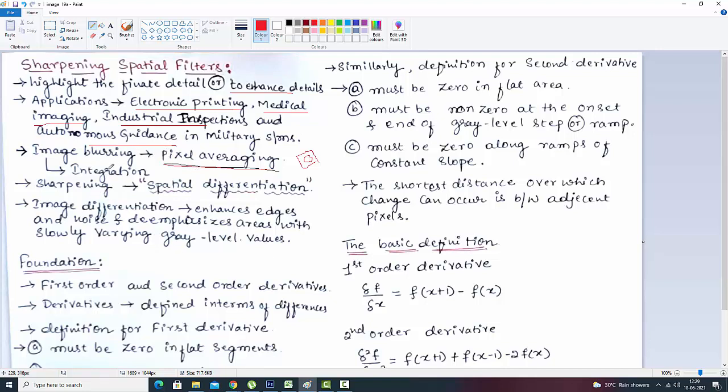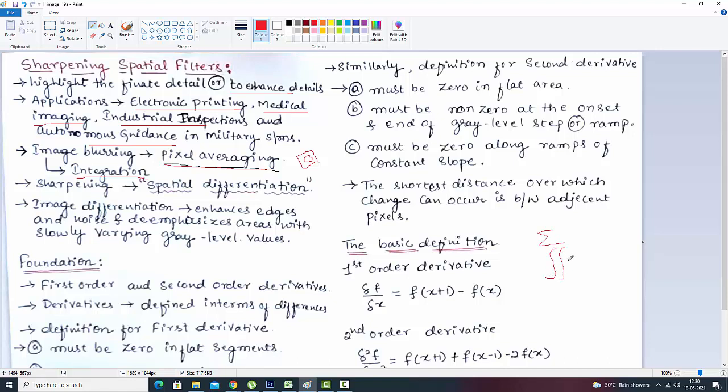But blurring is just the opposite, meaning smoothing. Here we have seen that integration is taking part, in discrete addition, as we are using the summation for averaging.